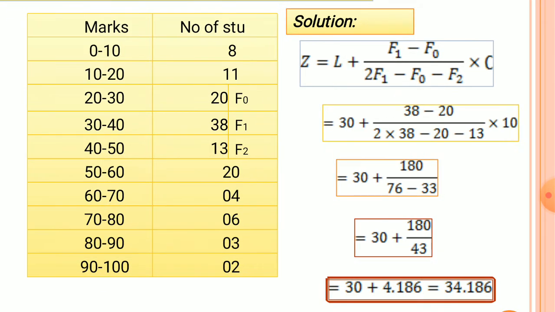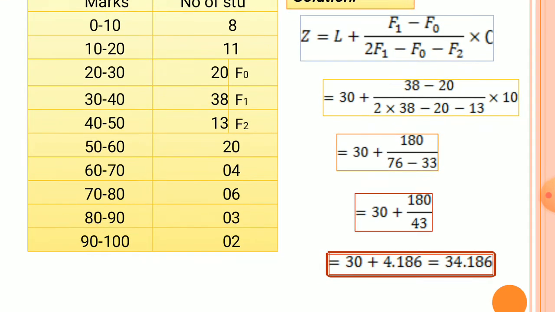Now 30 plus, 38 minus 20 is 18, into 10 is 180, divided by 2 into 38 is 76, minus 20 minus 13 is 33. Now 30 plus 180 divided by 76 minus 33, that is 43.